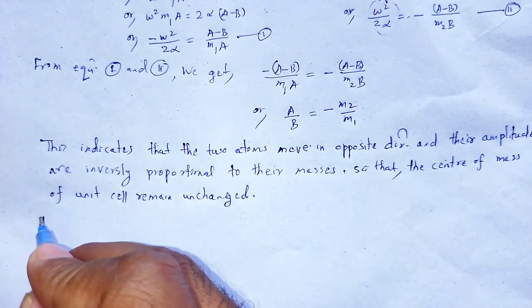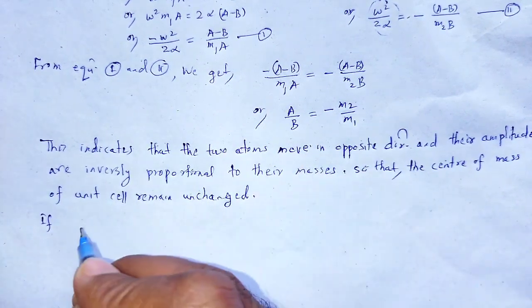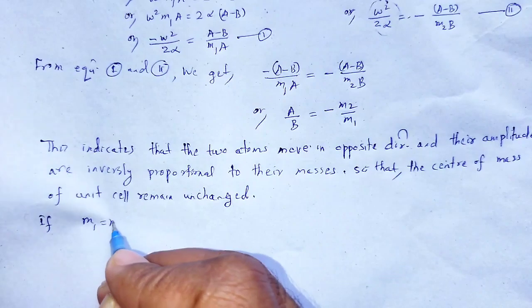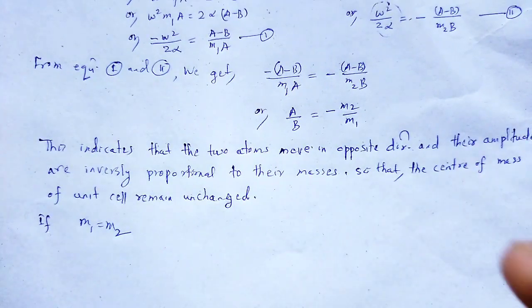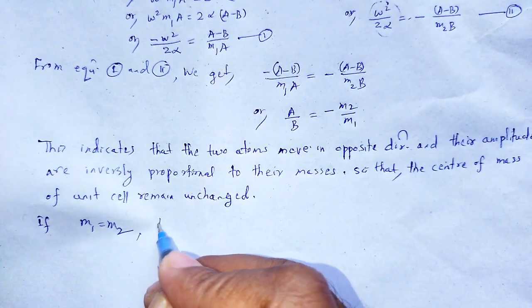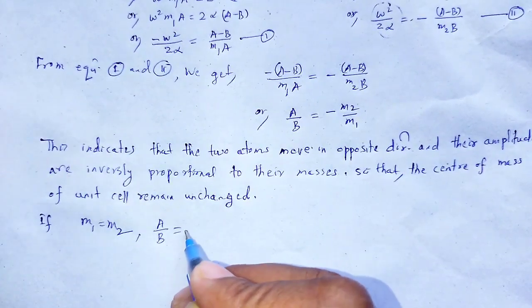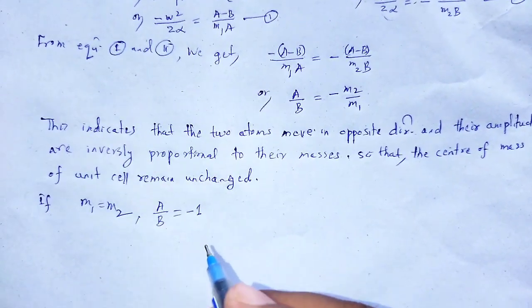If m1 is equal to m2, two masses are the same, at that condition a by b is equal to minus 1.